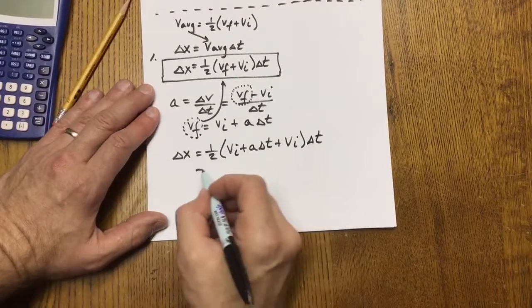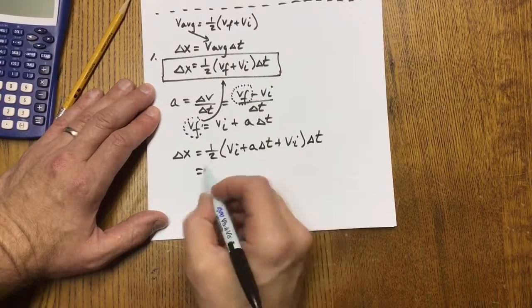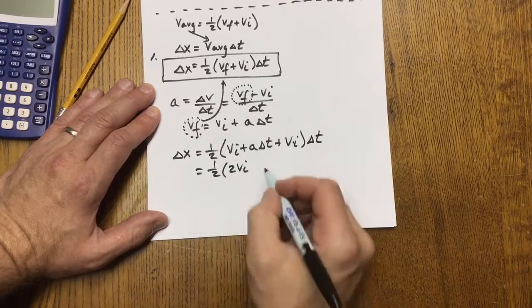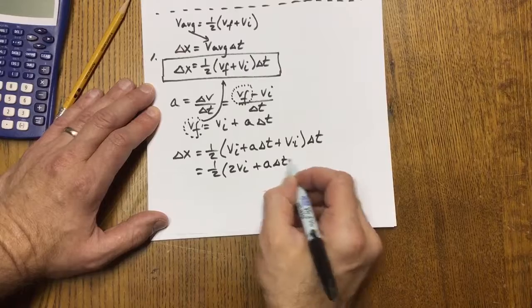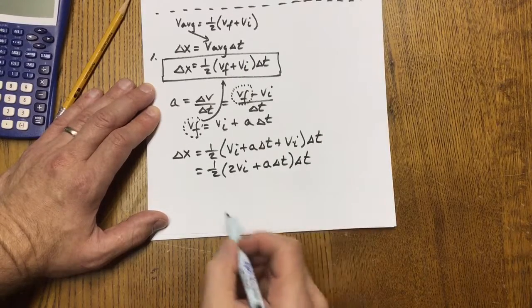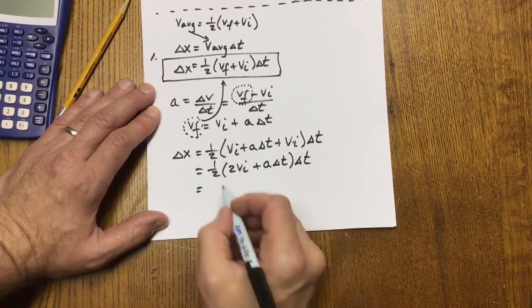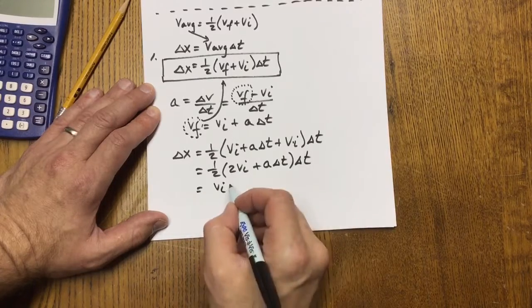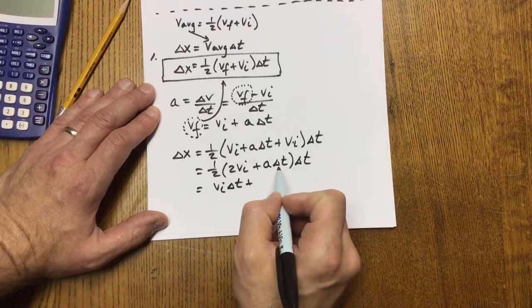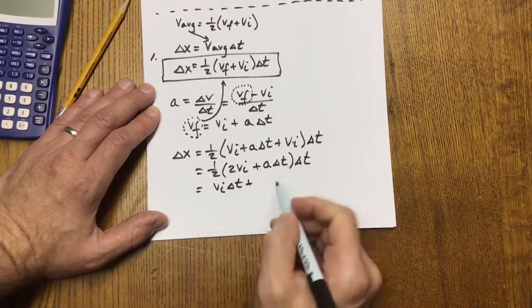Not too scary. A VI plus a VI is a 2VI, so that's half of 2VI plus A delta t times delta t. And if we distribute and bring the delta t in, half of 2 is 1, so that's VI times delta t plus 1/2 of A delta t times delta t, so it's 1/2 A delta t squared.